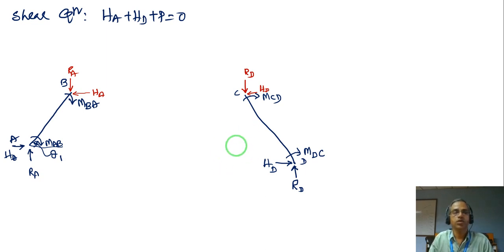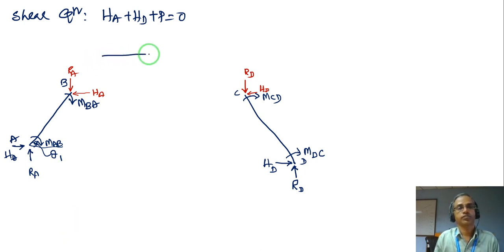Okay, so this column AB and column CD became an equilibrium. Then the joint B in between should also be in equilibrium, which is your B and C must be in equilibrium. That means now these forces should be balancing.